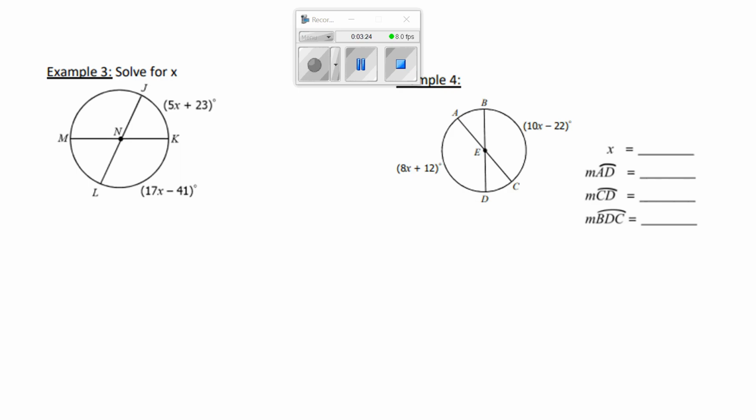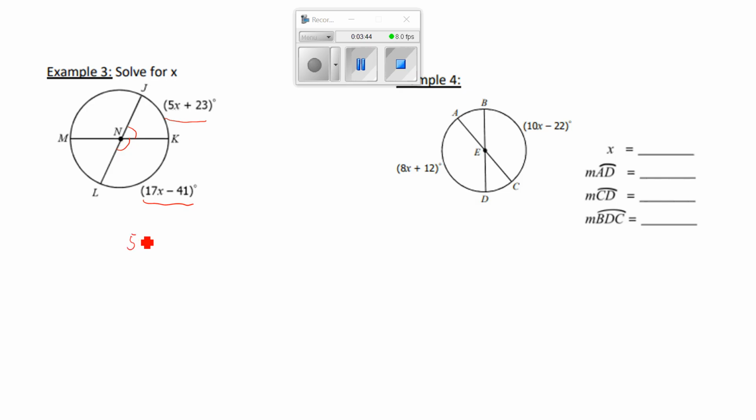Okay, so example 3 says solve for x. It gives you these two central angles right here, or arc measures, which correlate to their central angle. I want you to find x. Well, they both lie on a straight line, so if you add them together, they should equal 180.